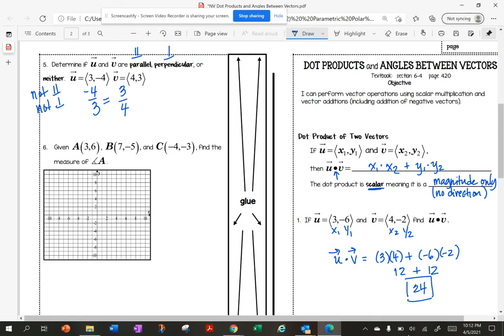These are not equal, so I am not parallel. So next I want to check, are they opposite reciprocals? So I have one negative, one positive, and my numbers are flipped. So I am perpendicular because I have opposite reciprocals.